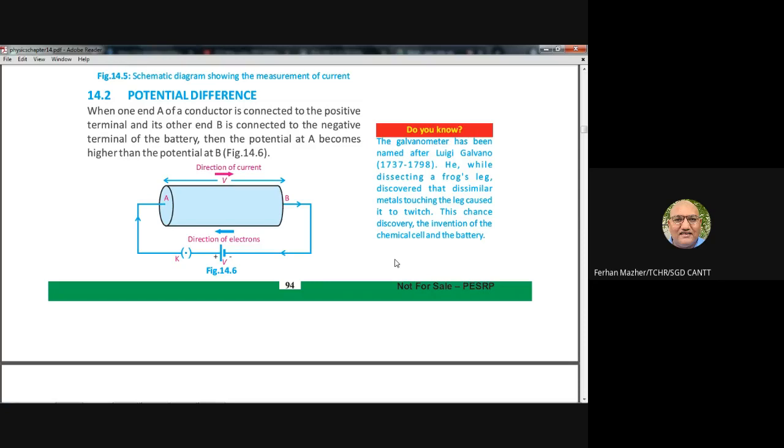So try to understand this idea. When you have a cell, it is like a source of electricity. It's the source of electric energy basically. What the battery or a cell does is provide electric energy.